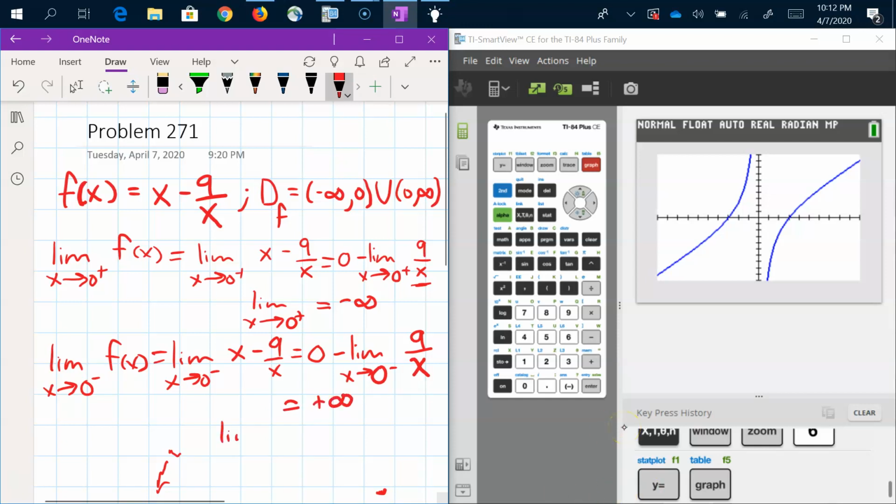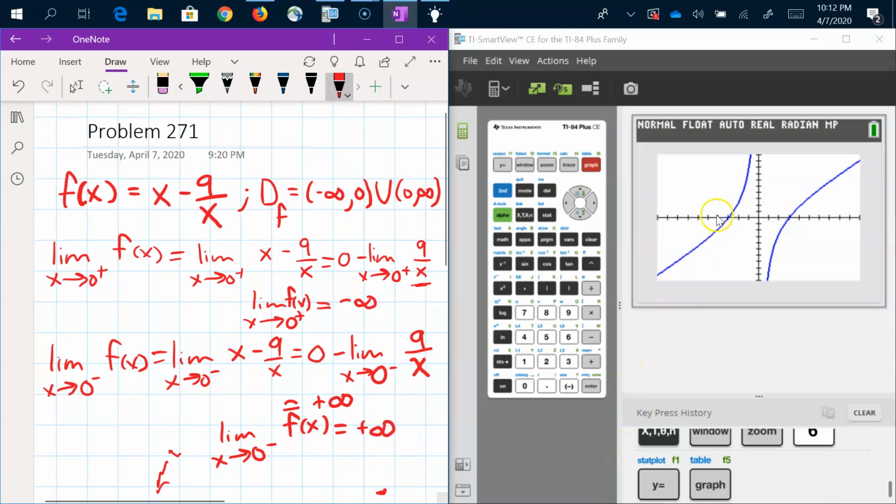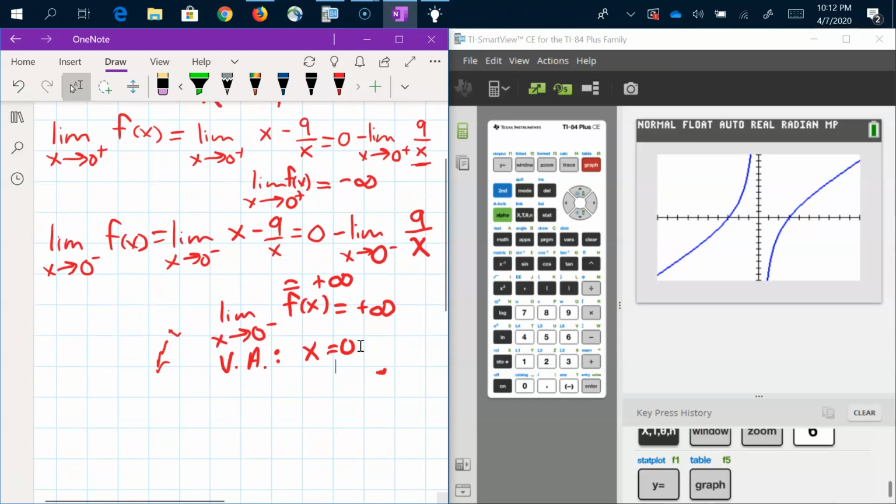And so the limit as x approaches 0 from the left of f of x, oops, I should probably have f of x up here as well, will be positive infinity. And again, looking at the graph, as x approaches 0 from the left hand side, this is going to infinity. So we're going to have a vertical asymptote at x equals 0.